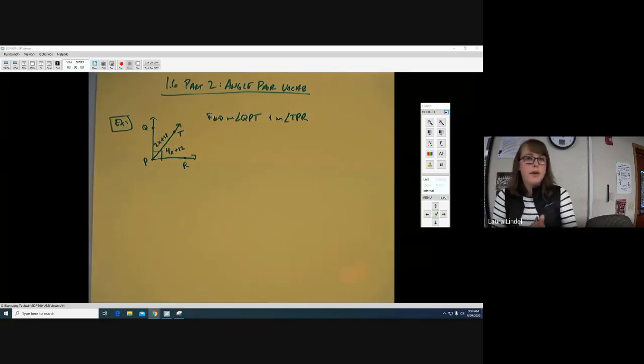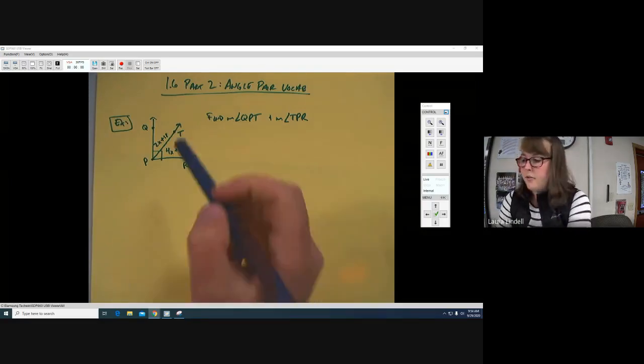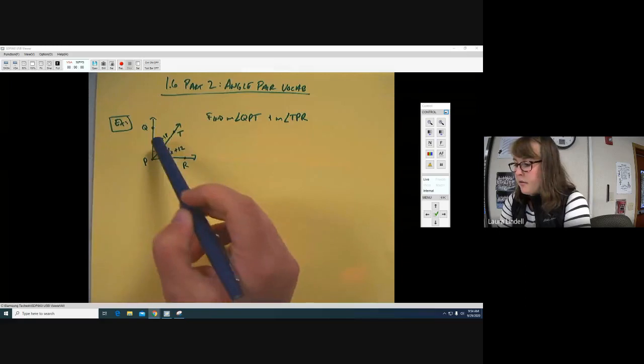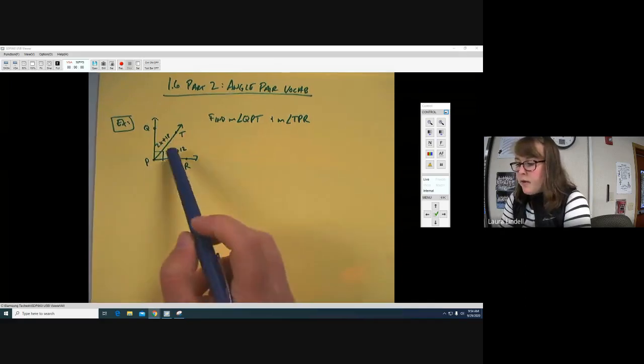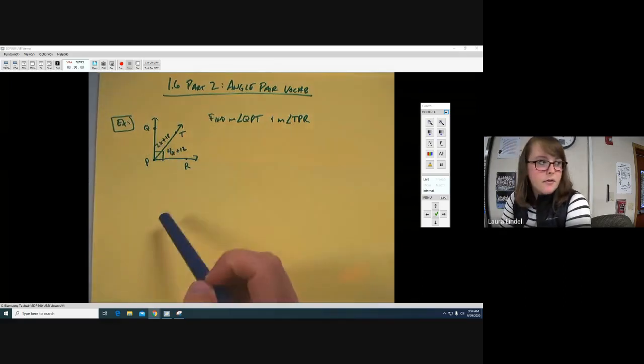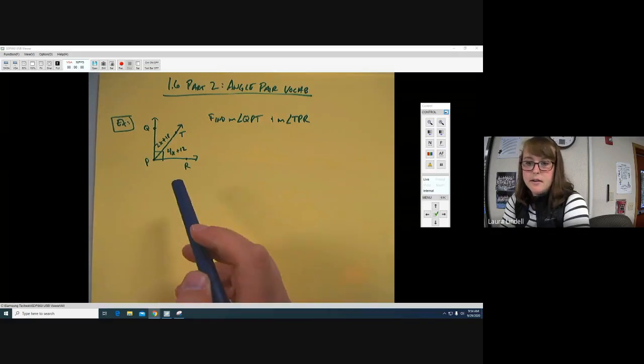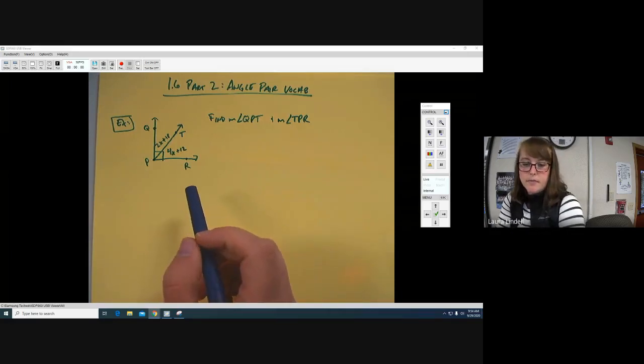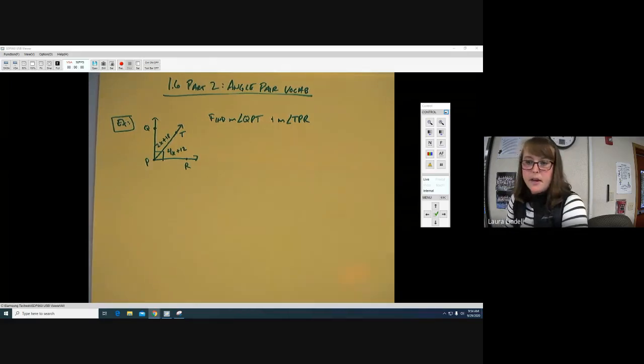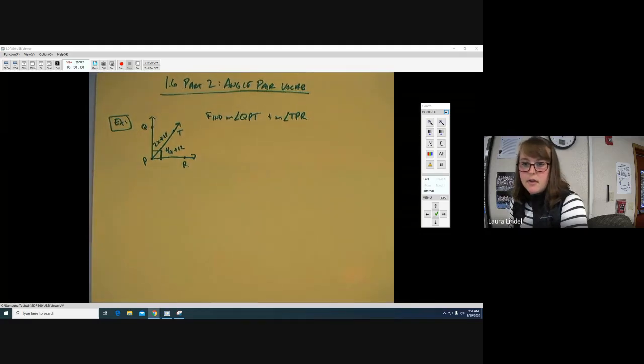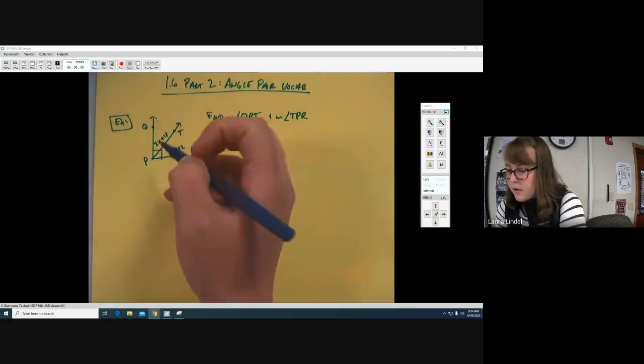Okay, so we want to use our knowledge of what this picture tells us about what those two angles are going to add to. So if I were to add those two angles together, what am I going to get? You think you've got it? Type it in the chat. There we go, 90 degrees.